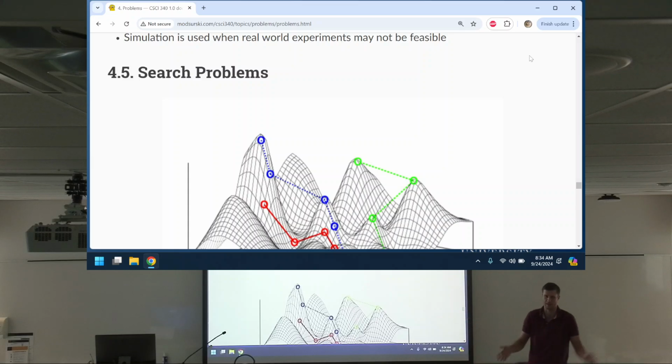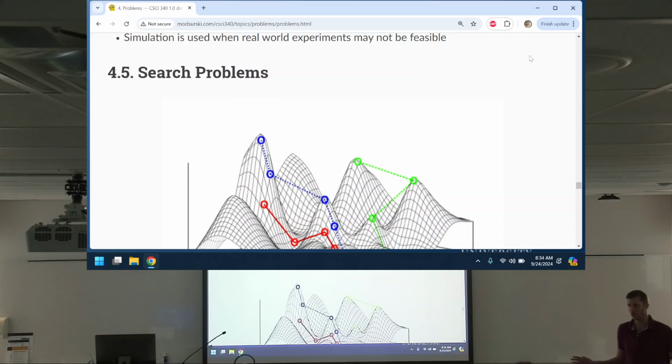It's three-dimensional, fine, that's three-dimensional space. I'm moving around and I want to find the temperature. And I want to find the hottest point in the room. There will be a point in the room that's the hottest, let's say.